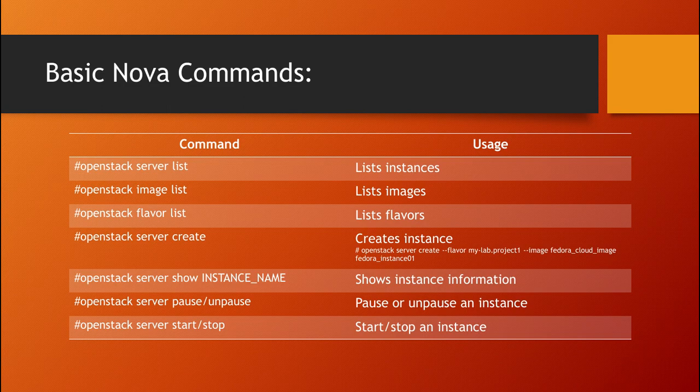If you want to see the instance information, you can do openstack server show with the instance name. If you want to pause or unpause a server, you need to do openstack server pause or unpause. And if you want to start or stop, the command is openstack server start or openstack server stop.